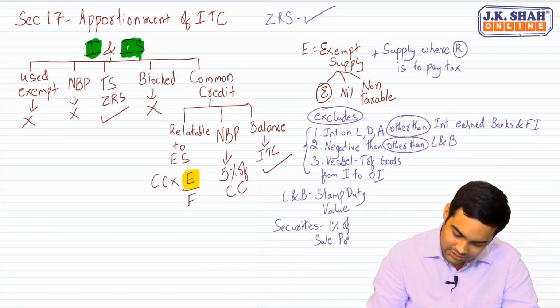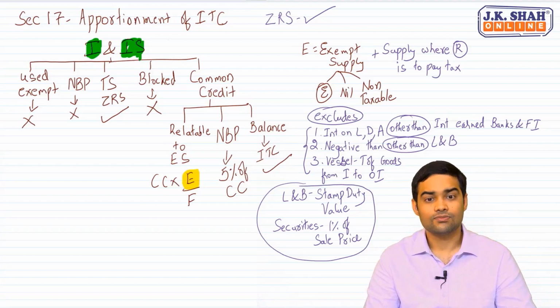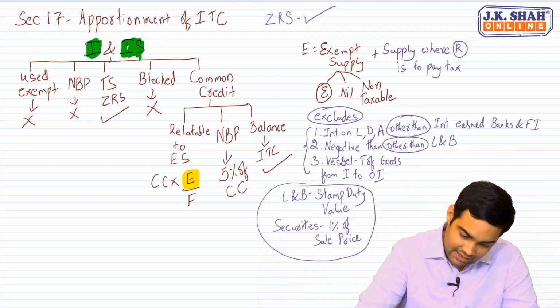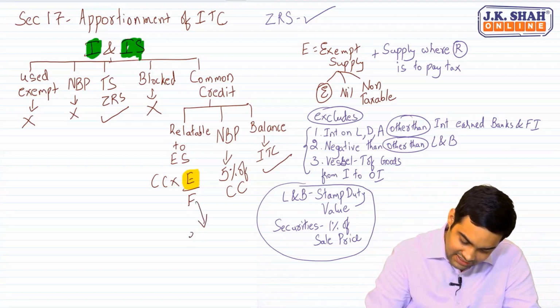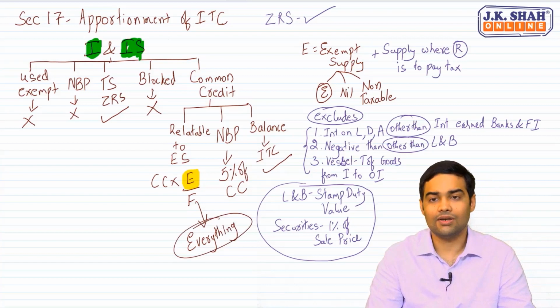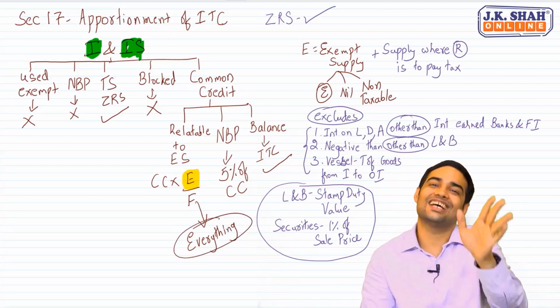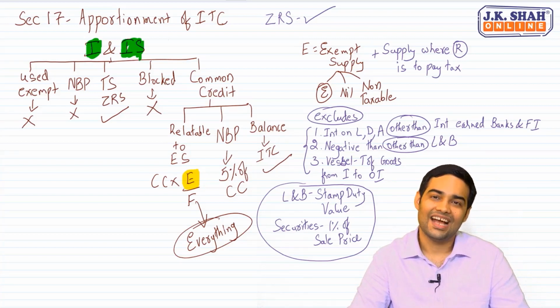These are the two things which you should keep in mind whenever you are reading E. Correct? But remember one thing, F includes everything. When I literally say everything, I mean it, that everything, every supply will be considered. See, those which are excluded in E, those are also considered as part of F.